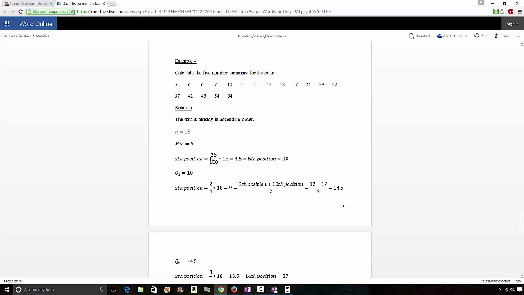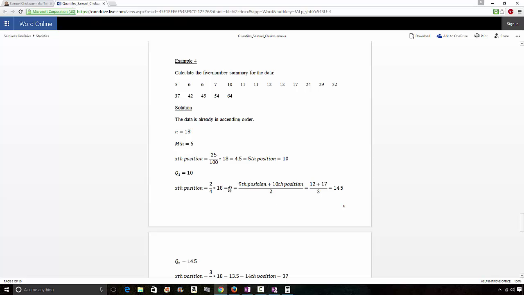That's why in some cases I use 25 over 100, to let you know that you could still use the 25th percentile, because the 25th percentile is your first quartile. And 2 over 4 means your second quartile, which is your median. You can also use 50 over 100, the 50th percentile. It is still your median.